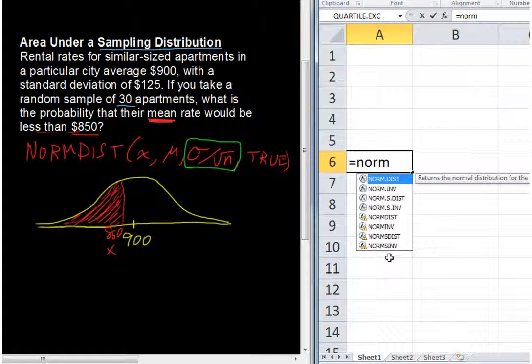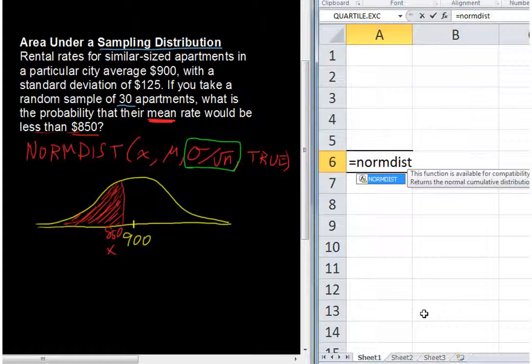So I'm going to use the old function just so that everyone can play along. And of course, certainly if you have the new Excel, use NORM.DIST, that's fine. It's the same as NORMDIST without the period in between. All of this syntax is exactly the same, whether you use NORMDIST or NORM.DIST.